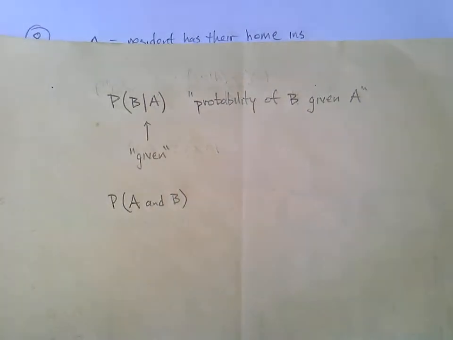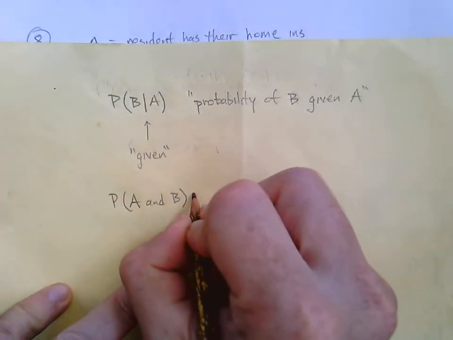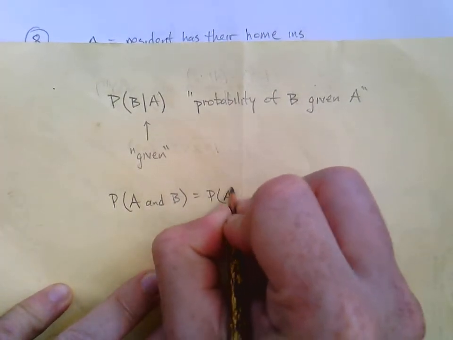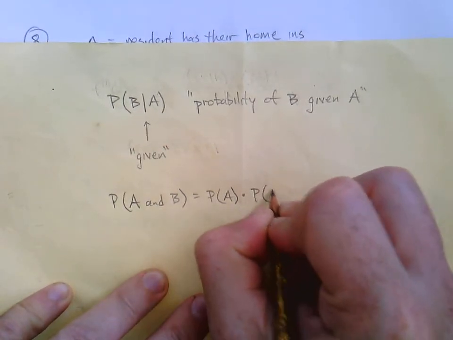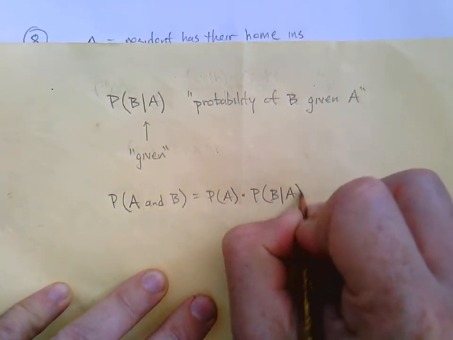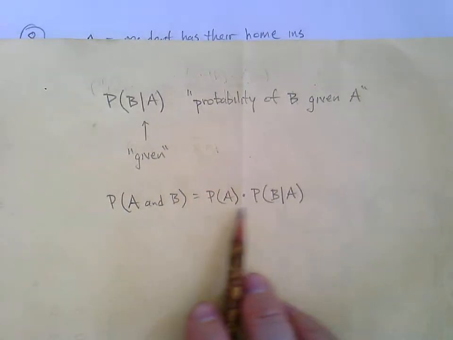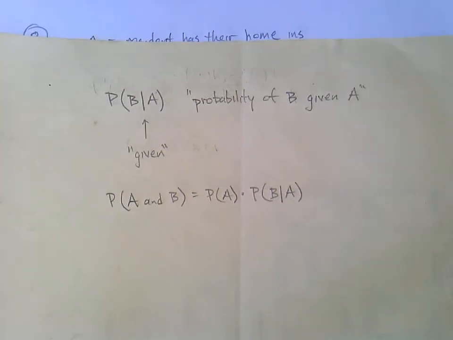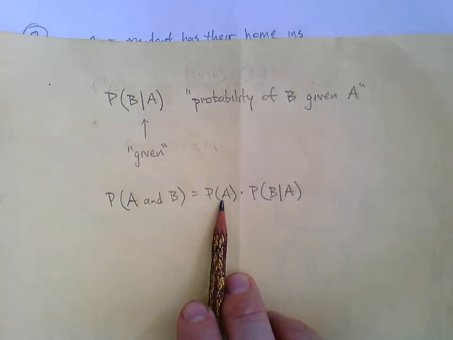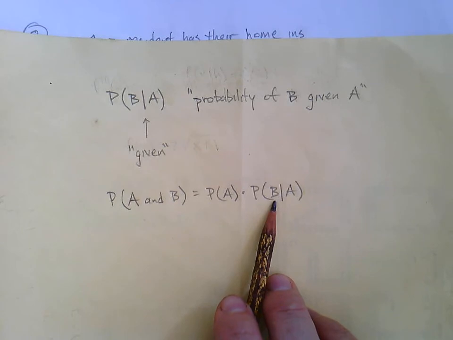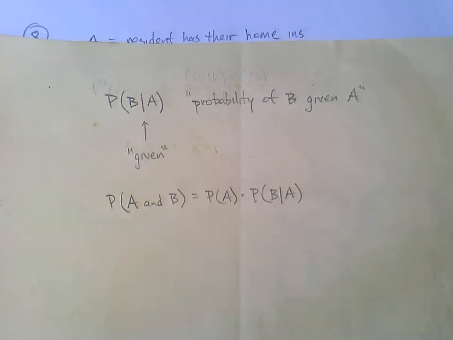The probability of A and B is equal to the probability of A times the probability of B given A. So we have these two events, so it makes sense that we're going to multiply them. In the past, we really thought of this like the probability of the one simply times the probability of the other, and we just thought of them as occurring separately.